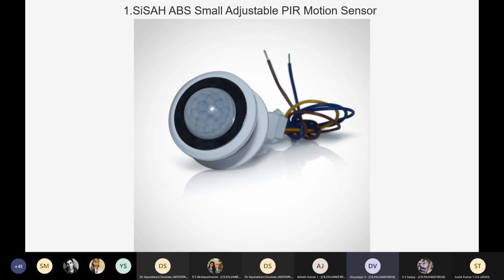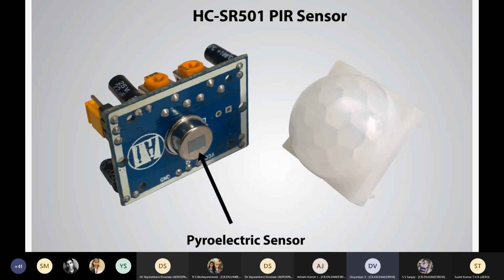It has a limit of 40 watts, and we cannot adjust the distance at which it will be operating, and we cannot adjust the delay time also. And one more way is that we ourselves can make a circuit using a separate PIR sensor, relay, Arduino board and breadboards.